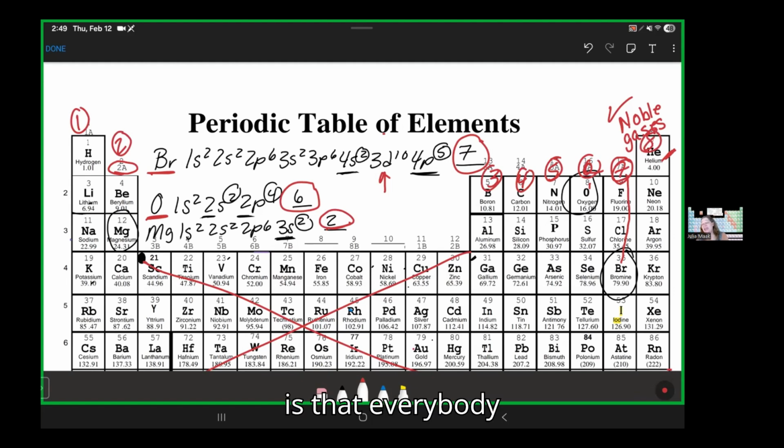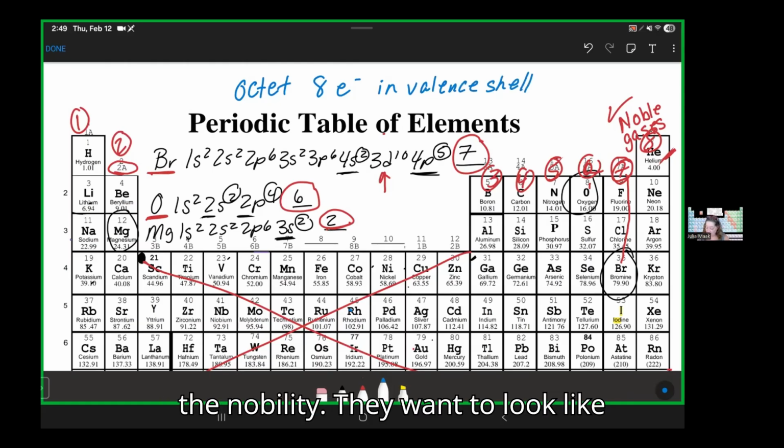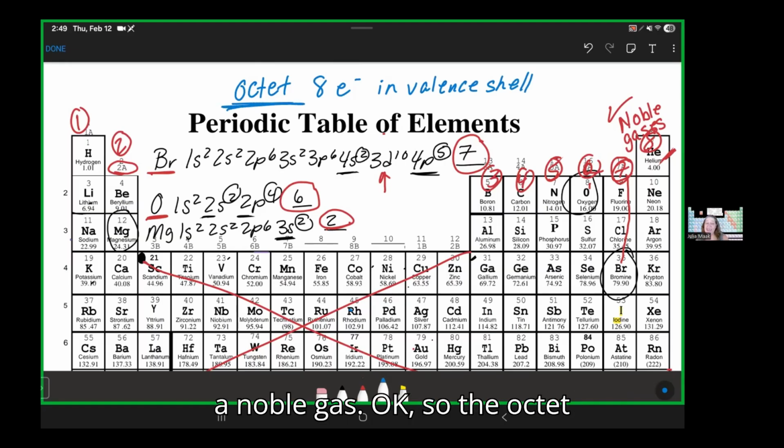Okay, and what that 8 means is that everybody wants an octet. They want 8 electrons in the valence shell. Remember, they want to look like the nobility. They want to look like a noble gas. So the octet rule is they want 8 electrons in the valence shell, except hydrogen.